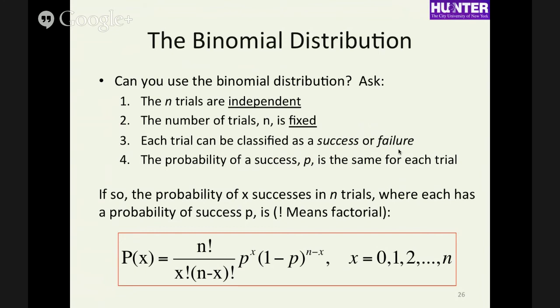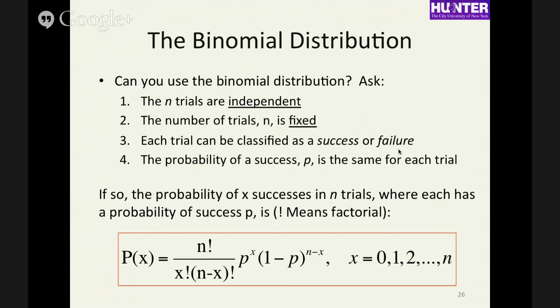So the third one, that each trial can be classified as a success or a failure, that's just saying that it's a binary variable. This success or failure is the language of the binomial distribution.